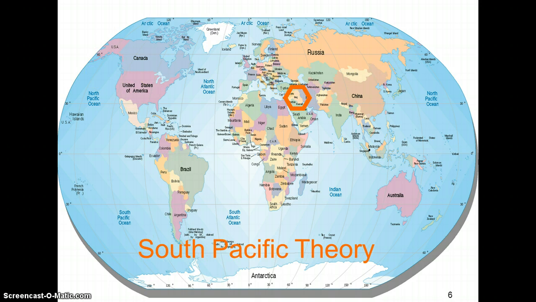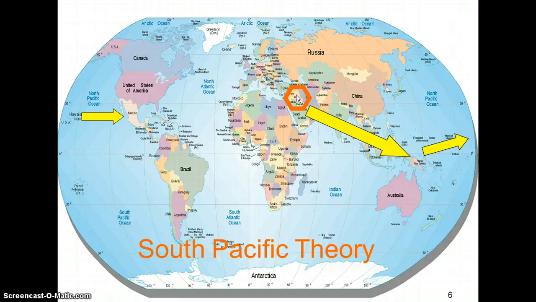The second theory is called the South Pacific theory. Again, we're starting with human life here in the Fertile Crescent. Instead of people migrating north this way to go towards the east where it's really cold, wouldn't it make more sense if they migrated south and were in warm places, moving their way across the islands in the South Pacific, island hopping eventually from Hawaii to Mexico?